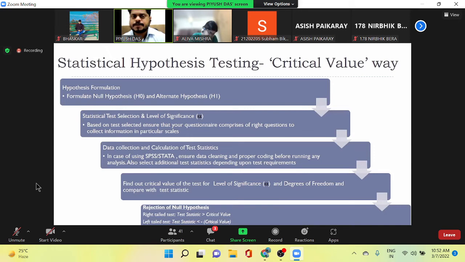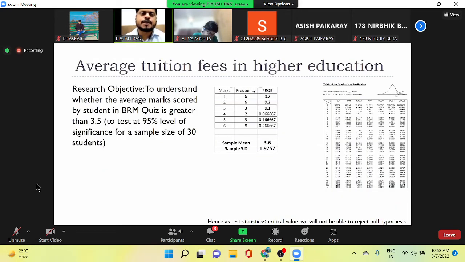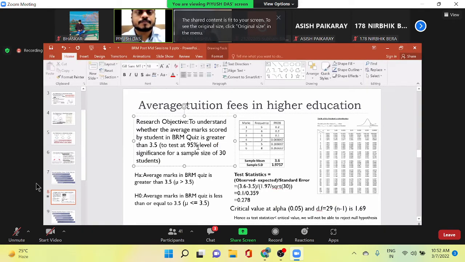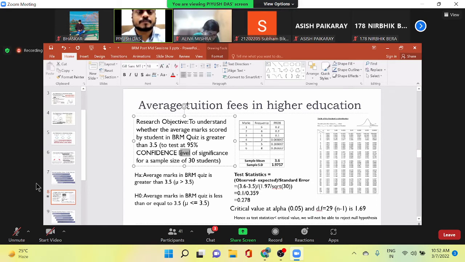My research objective is to understand whether the average marks scored by students in the BRM quiz is greater than 3.5. I am testing at a 95% confidence level.